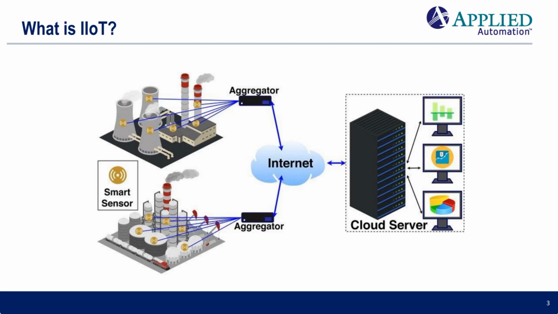The way I like to think about it is breaking it out into 3 different sections, which also highlights the 3 sections of products that we're able to provide in-house from our large supplier network. That goes down to smart sensors, actually getting that data on the plant floor; the data aggregator and collector; and then the cloud server and cloud platforms that are able to store and process that data.